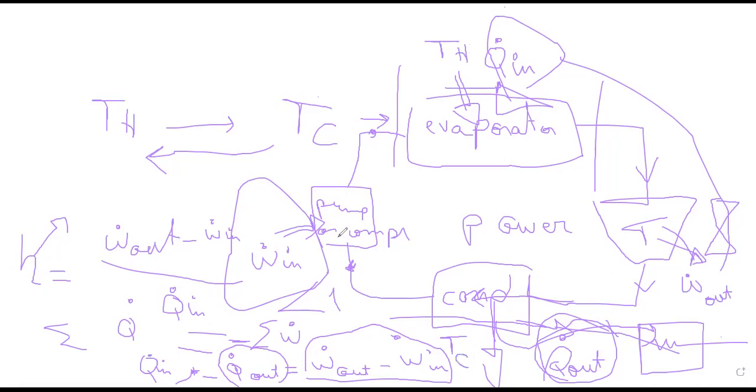So when I move my fluid, because I put electrical power to drive my pump, this pump will elevate the pressure of my fluid. Then when it enters the evaporator at high pressure and temperature, it will be able to extract heat from my medium. So it will extract heat from an environment at T hot.